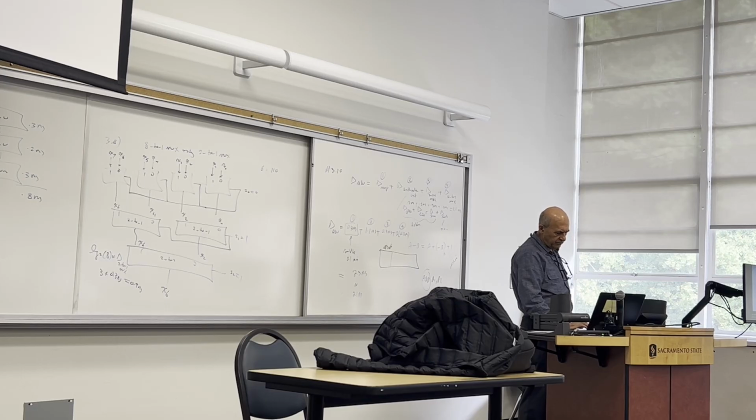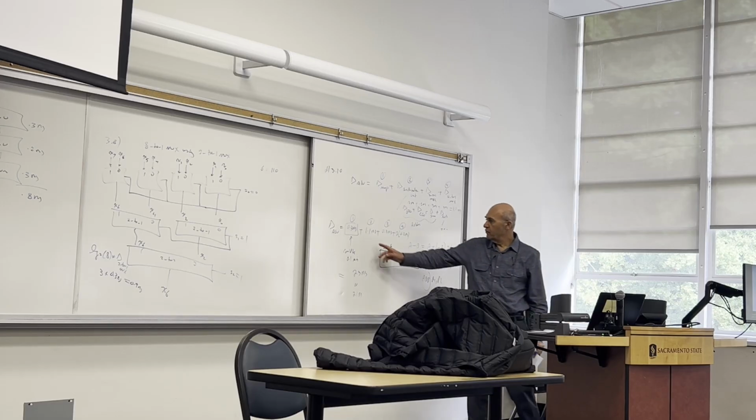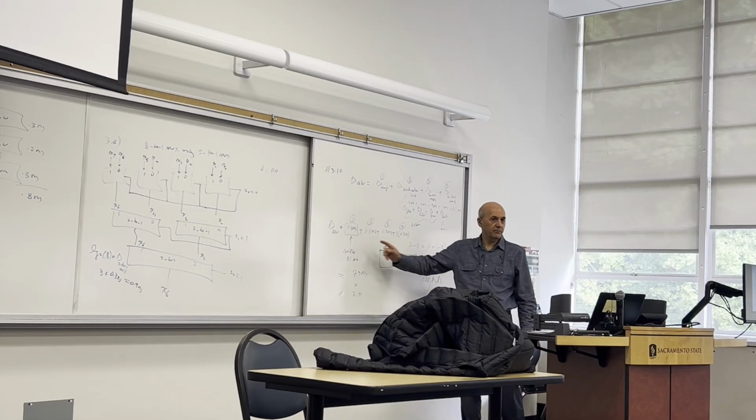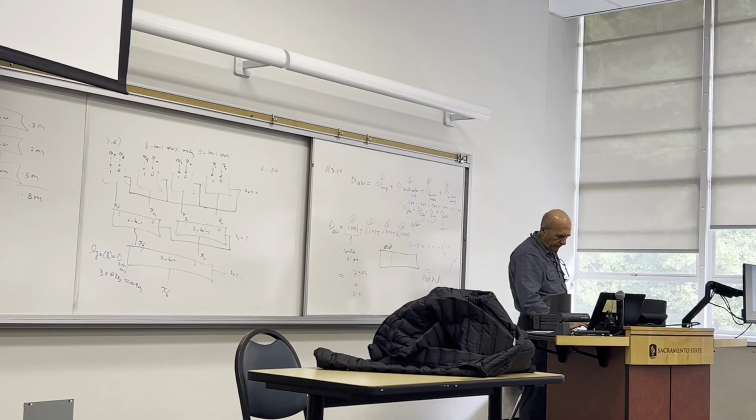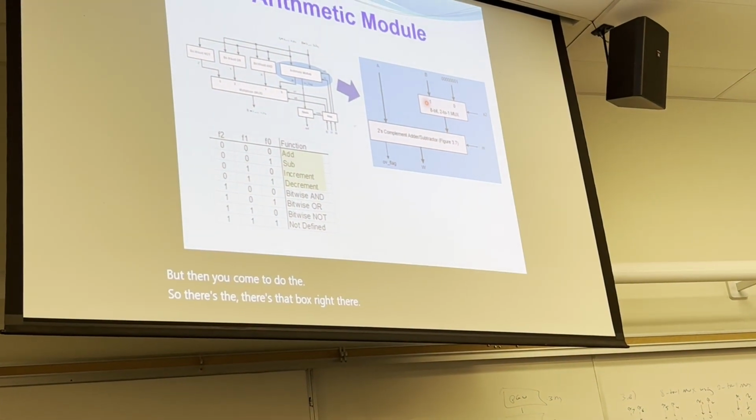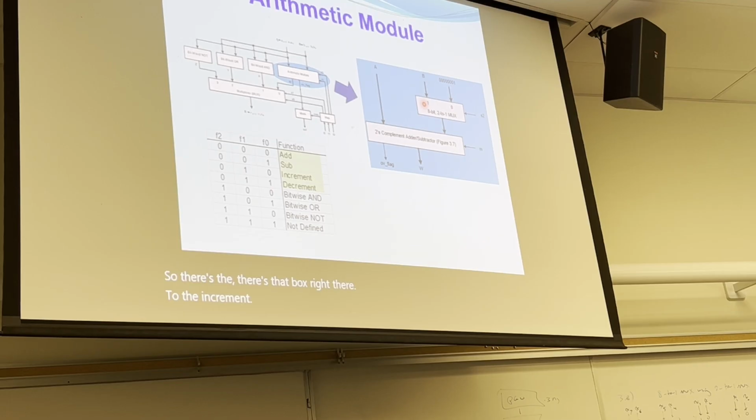This is already embedded in the 1.1 nanoseconds, the XORs. But then there's that mux right there to increment or add B. This problem is meant to make you go inside and try to understand the whole ALU and figure it out.